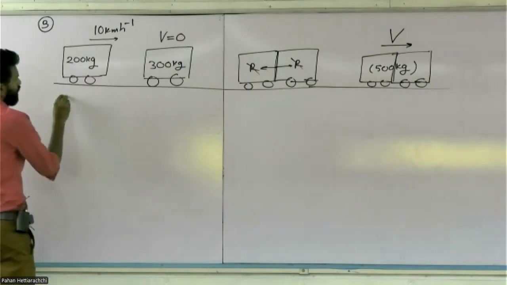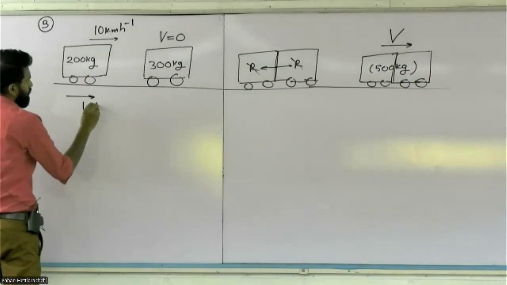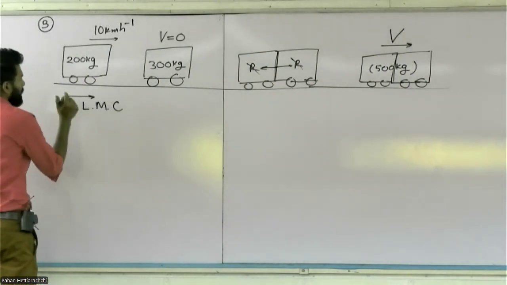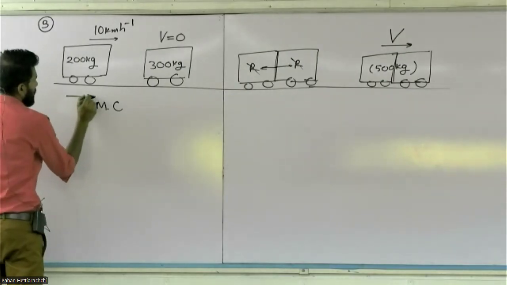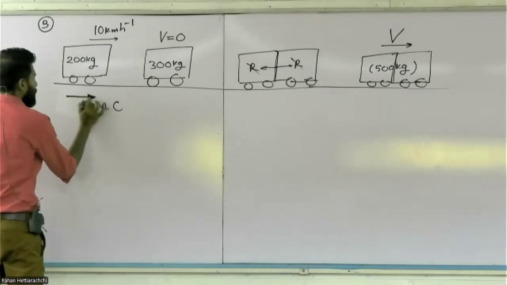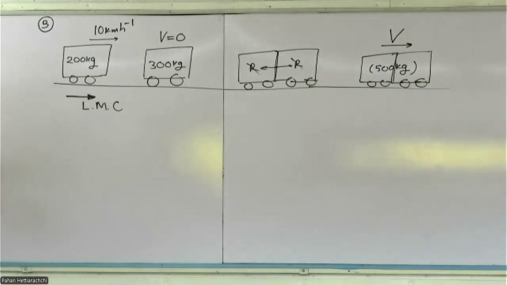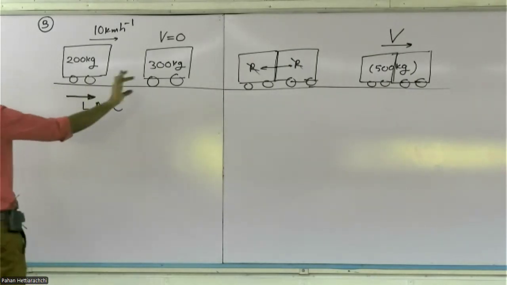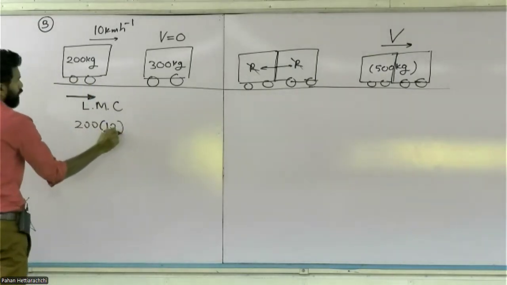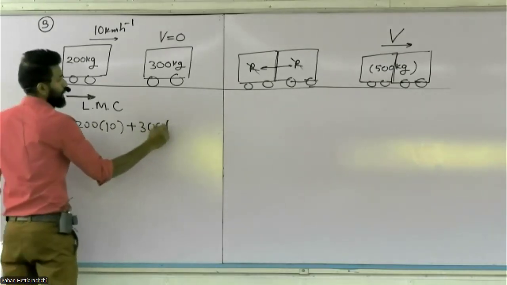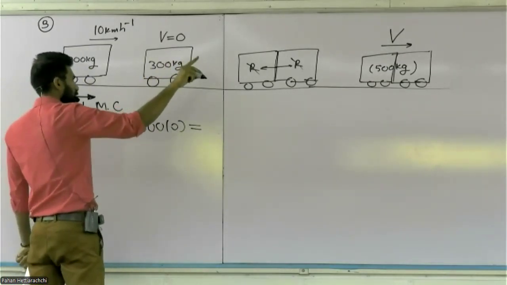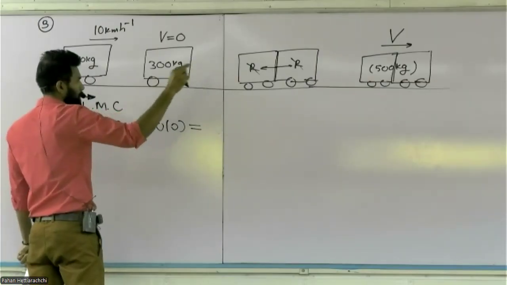So applying linear momentum conservation, LMC, to the horizontal, rightwards. This is the shortened form. Okay. So what are the linear momentums at the beginning? 200 into 10, 300 into 0 is equal to, after the collision, they are moving as a system.